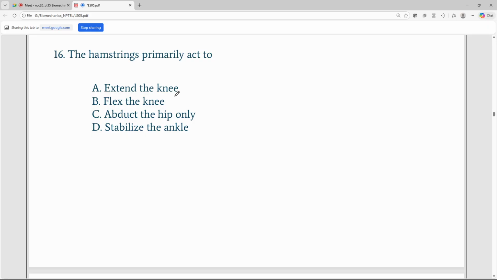Options are extend the knee, option B, flex the knee, option C, abduct the hip only, option D, stabilize the angle. The hamstrings primarily act to which of the following motions? That is, extend the knee, flex the knee, abduct hip only, stabilize the angle.